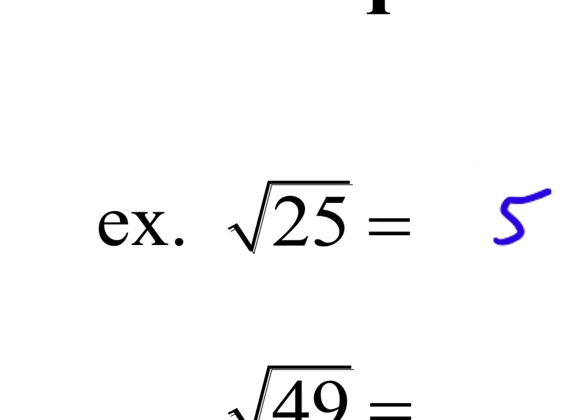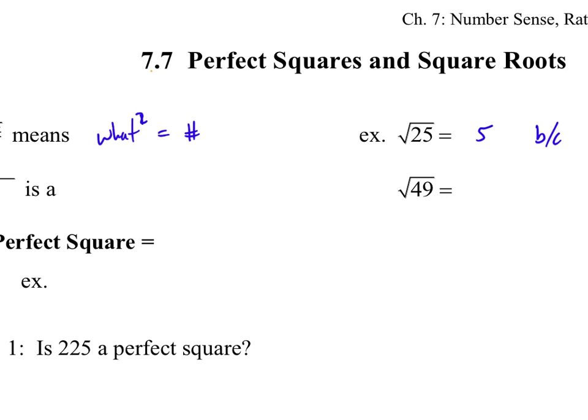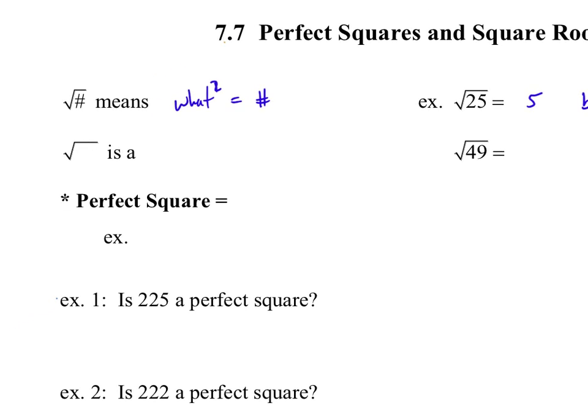Notice it's got a little kickstand there, and division has a little curve to it. This symbol is called a radical sign.